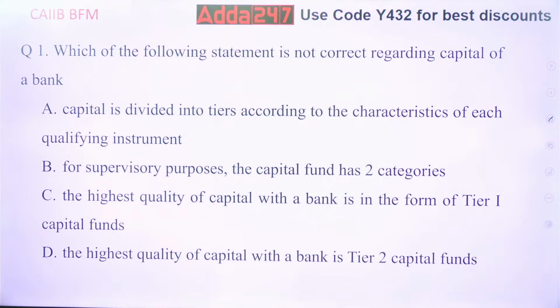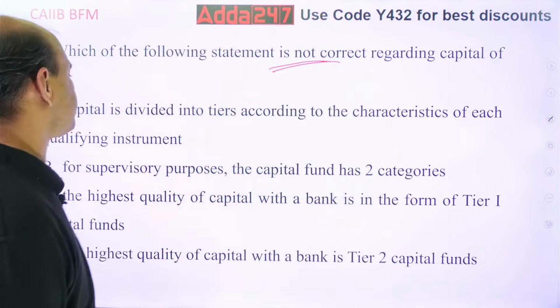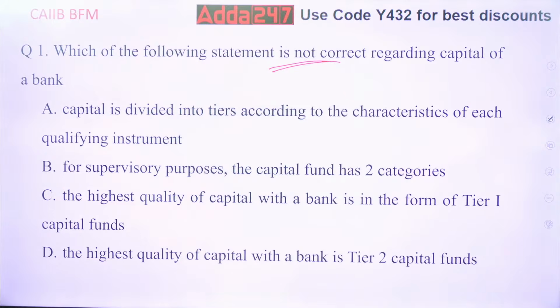A capital is divided into tiers according to the characteristics of each qualifying instrument. See, pay attention, you want the one that is not correct. For supervisory purposes, capital fund has two categories.